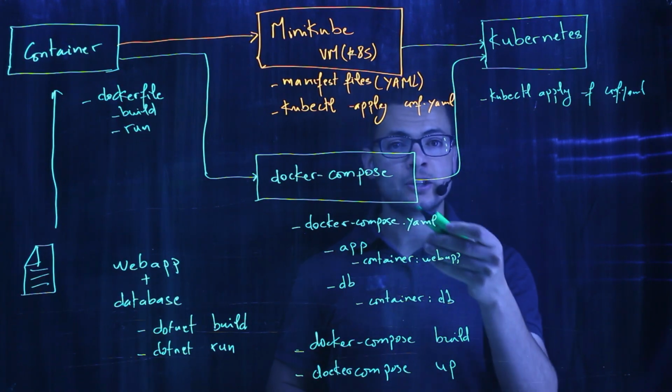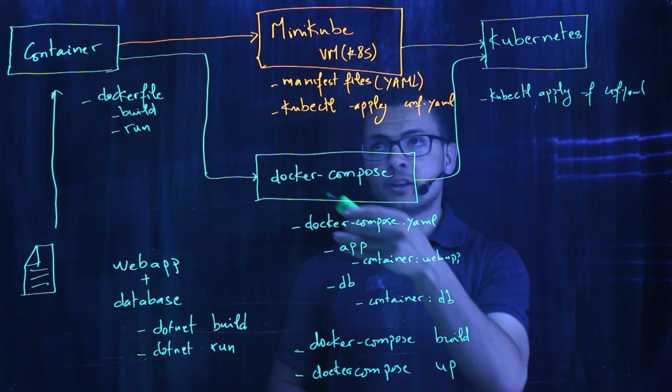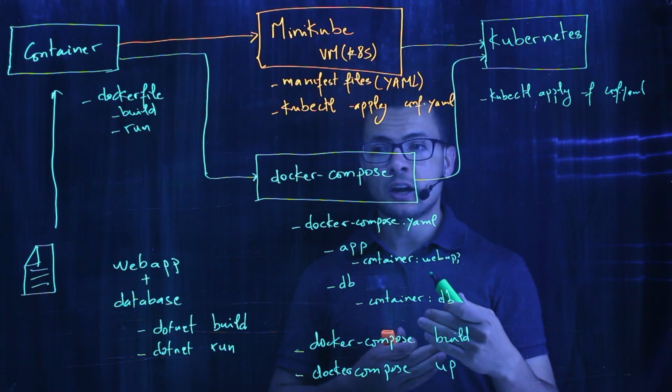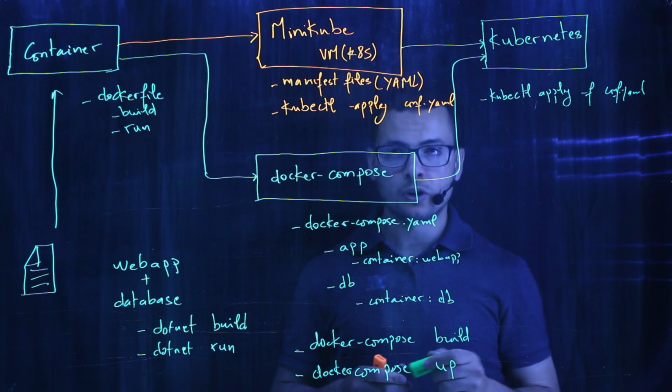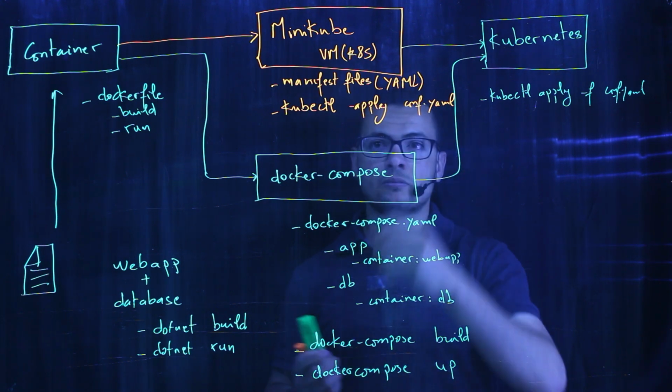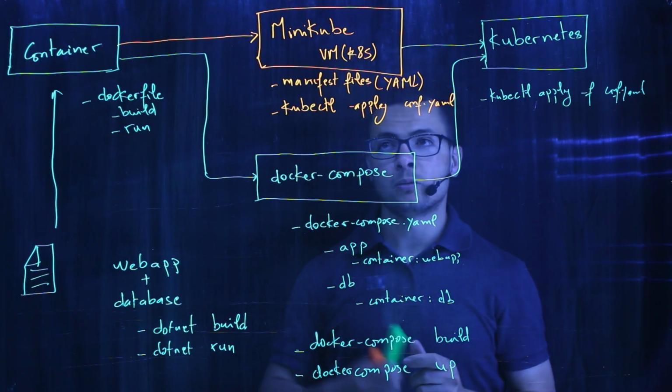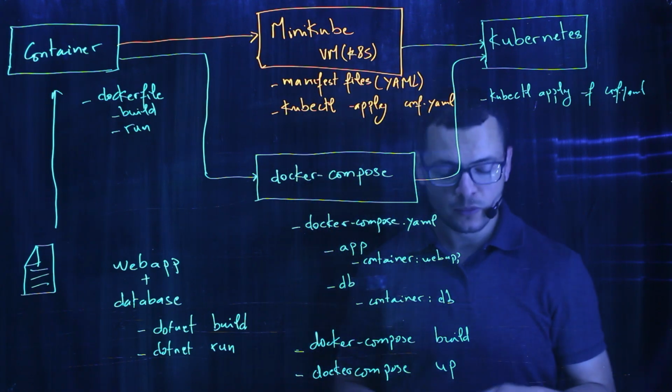That's a project initiated by Docker, the company that created the Docker containers, but that's not actually mature enough. So for now, I see most people are using those YAML Kubernetes manifest files.